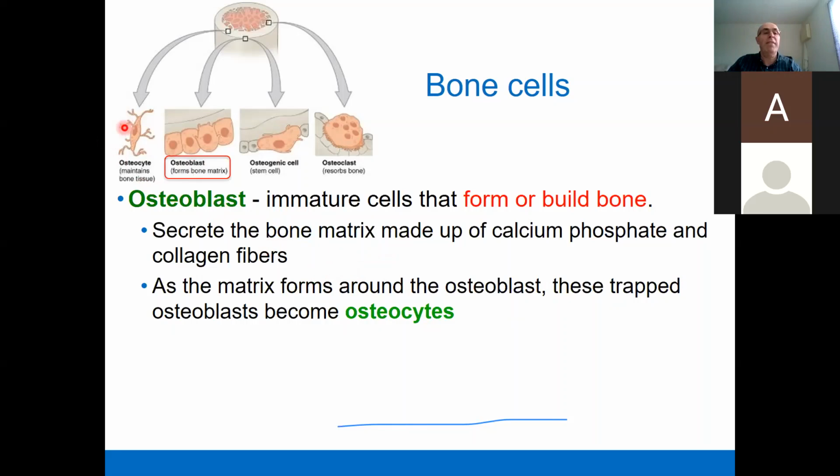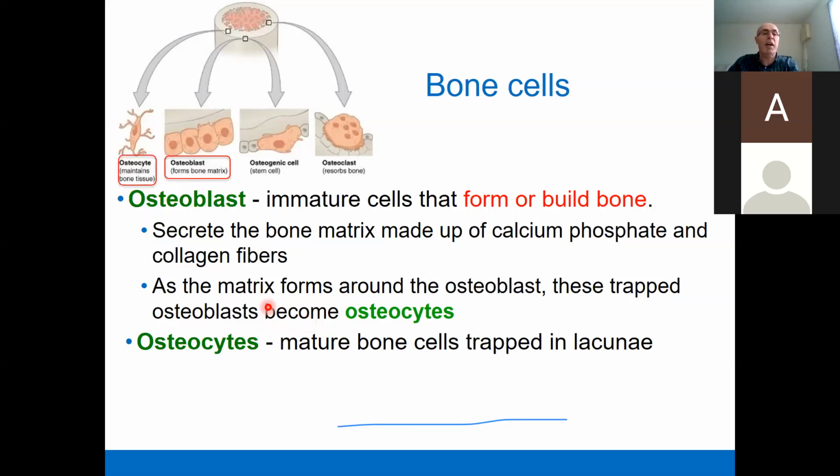We also have osteocytes here. Osteocytes are a kind of osteoblast trapped by the bone matrix. Osteoblasts are immature cells which form bone matrix.